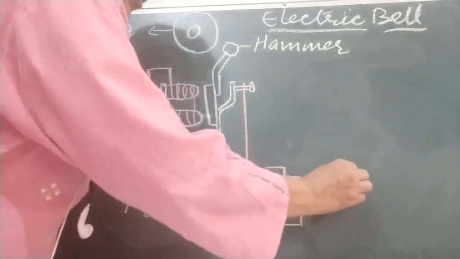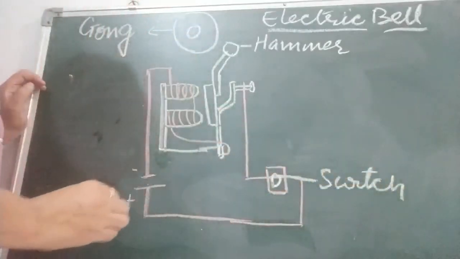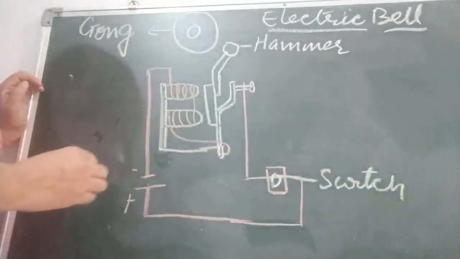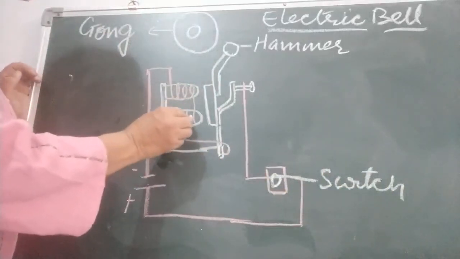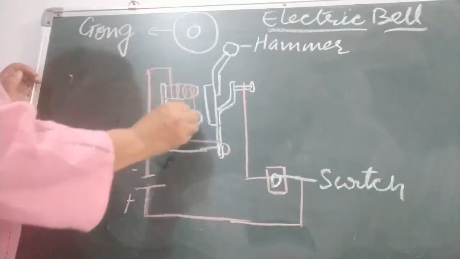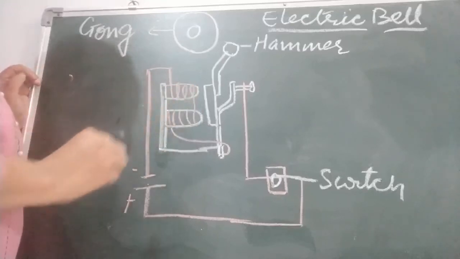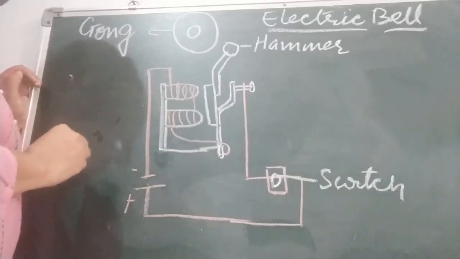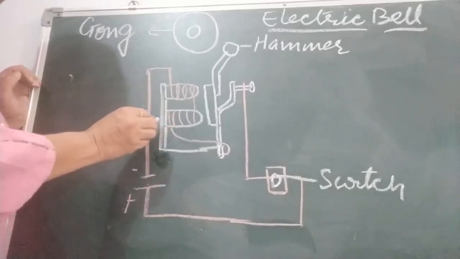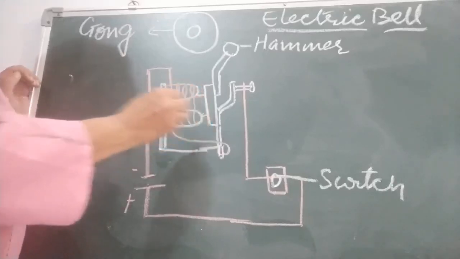When you push the switch, what happened? The circuit closes and the current starts flowing. When the current starts flowing, this wire, this is what? Electromagnet. As the current moves, it behaves like an electromagnet. This electromagnet attracts this.